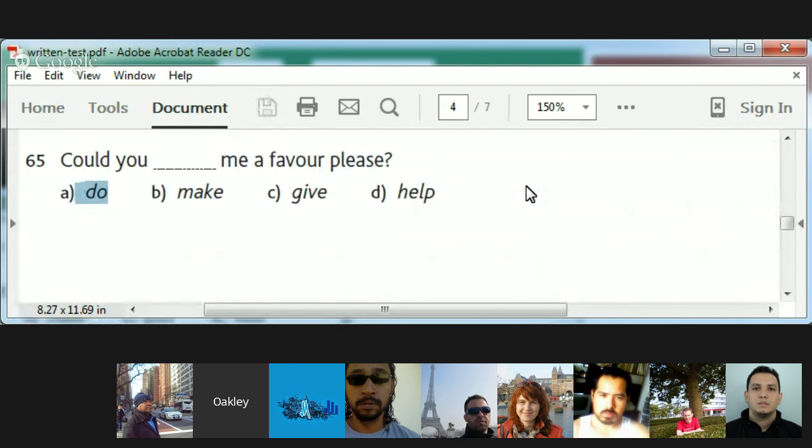Yeah. Can you say, could you make me a favor, please? No, you don't. No, simply because you never ever use this verb with this object noun ever. You can't make a favor. Okay. All right. You just can't. Make, of course, is to construct or build. You can't build a favor.